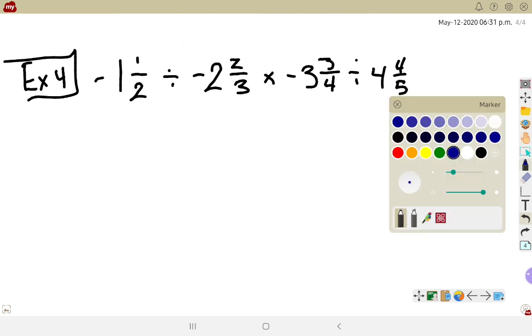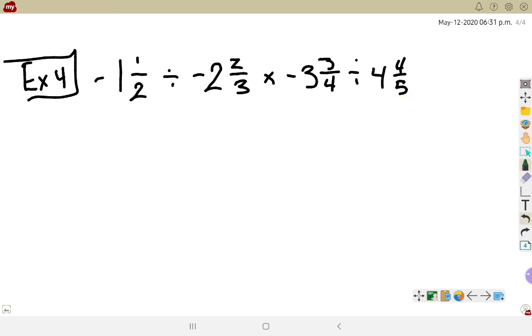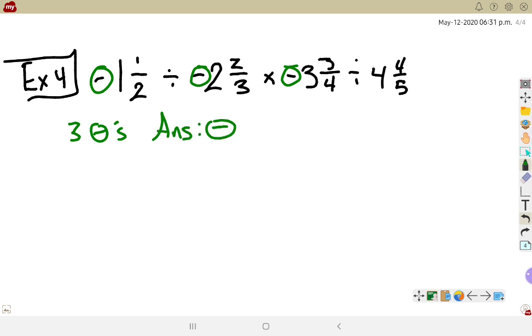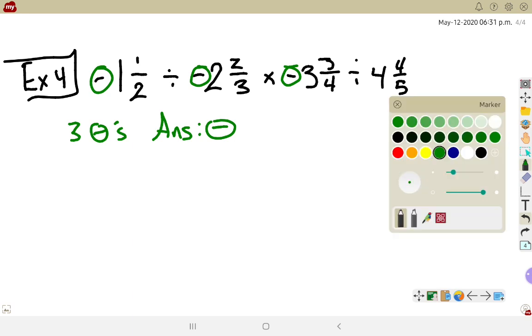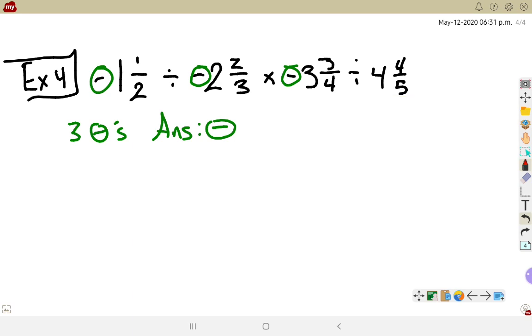Okay, so let's look through. First off, let's determine the sign. 1, 2, 3, 3 negative signs. Okay, so 3 negatives, 3's odd, so our answer is going to be negative in the end. Okay? Alright, now I got a bunch of mixed numbers here, so I got to change everything from mixed to improper.